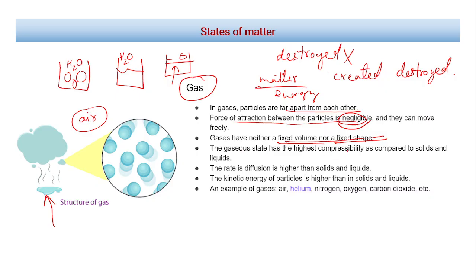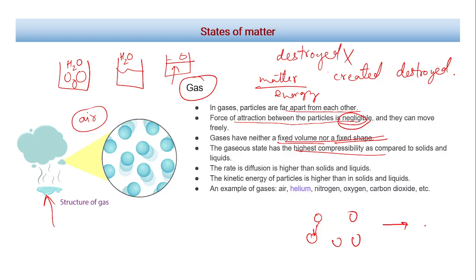The gaseous state has the highest compressibility. Again, in a balloon, for example, the gas is very compressible, because the particles have a lot of space between them. The particles are so far apart that there is a lot of space when you bring them closer.